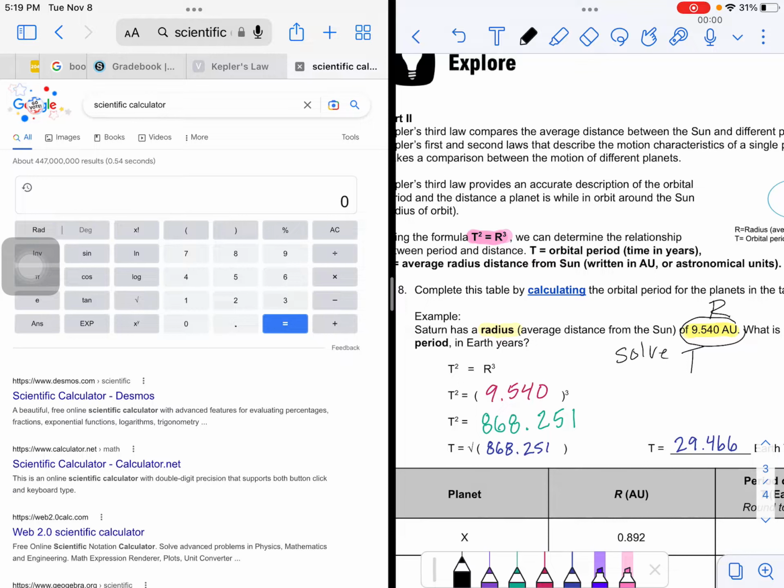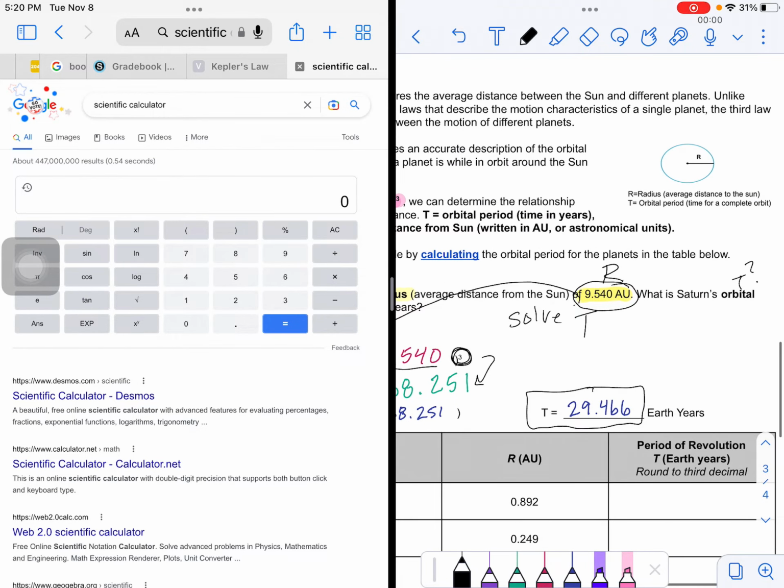So we simply took this number, plugged it into our R. That was 9.540, and we cubed it. That gave us this answer, which equals our T squared, and then we had to get rid of our square using the square root to solve for our final answer of T equals 29.466 Earth years.